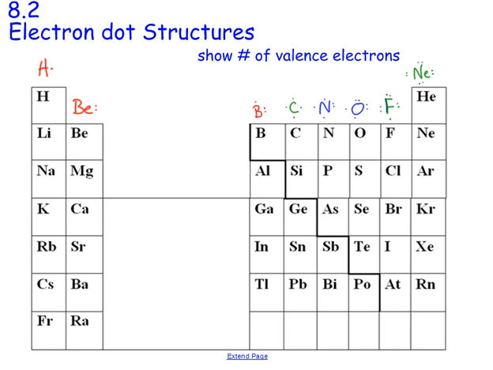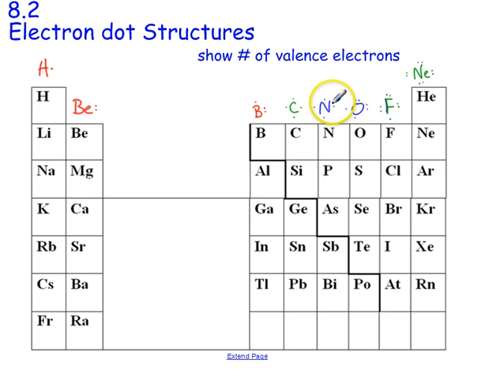You may recall that elements in the first column all have one valence electron and have an electron dot structure that looks like this one. Every element in the second column will have an electron dot structure that looks like this one. 3 valence electrons will have an electron dot structure that looks like this. 4 valence electrons will look like this one.